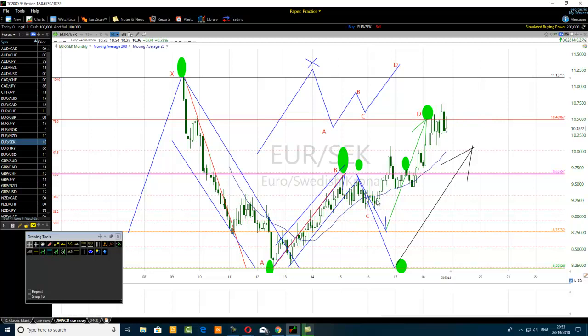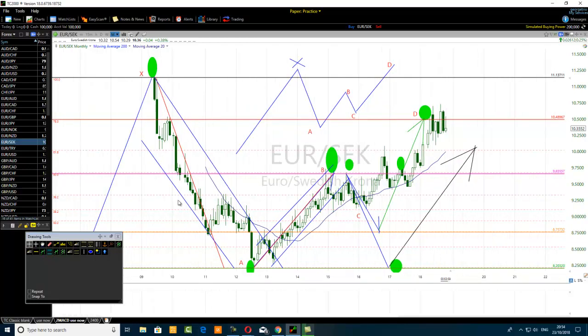So in my mind, using Fibonacci patterns, it looks to me that the Euro Swedish Krona at this point in time, I'm choosing my words very carefully, the first thing that comes to our mind is a Gartley pattern. The most important thing for the Gartley pattern, that those using Fibonacci patterns will tell you, is that the A to B price action should go up to the 61.8% Fibonacci retracement of XA.